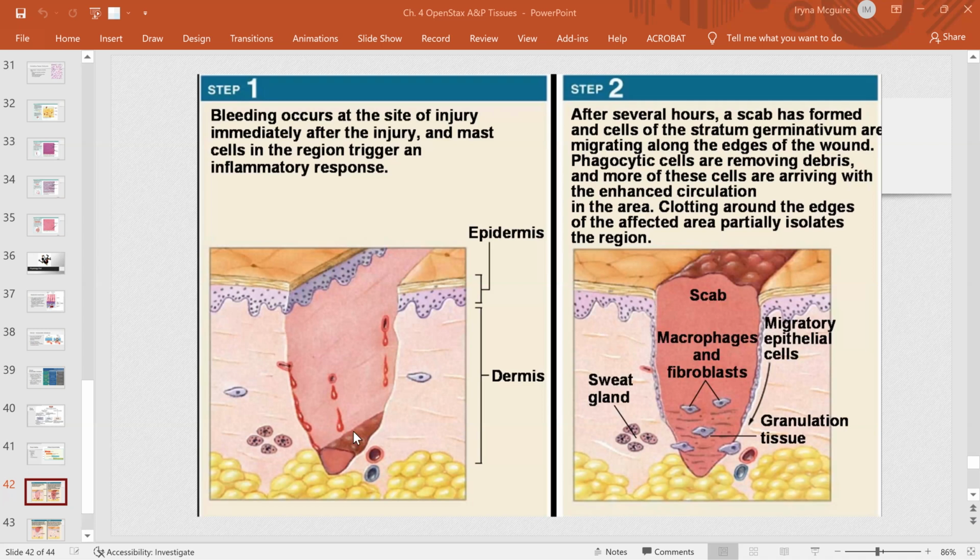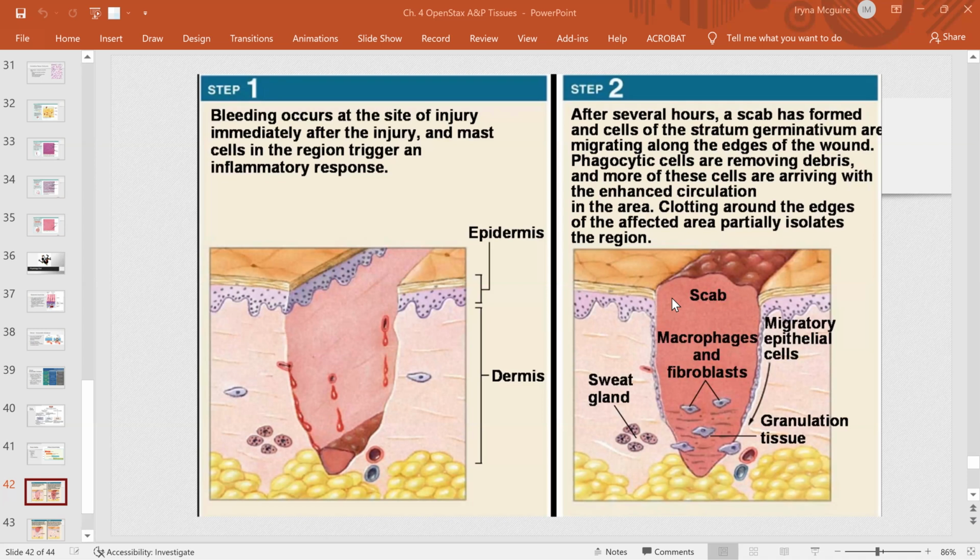So pretty much coagulation starts immediately. Even though it says after several hours, we usually do not bleed for several hours. Coagulation starts right away, within a couple of minutes, but within several hours we form a scab.